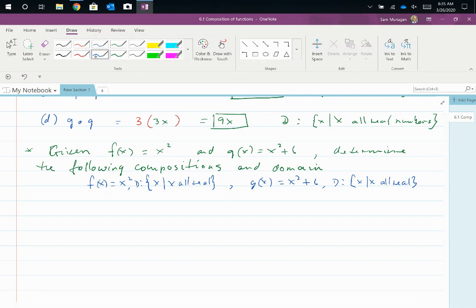Now we're going to go through the process of finding compositions.